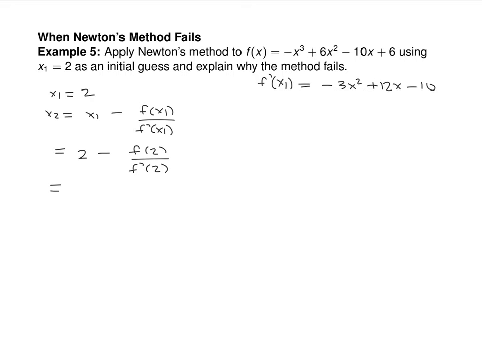So 2 minus, that's going to be negative 8 plus 24 minus 20 plus 6, divided by negative 12 plus 24 minus 10.